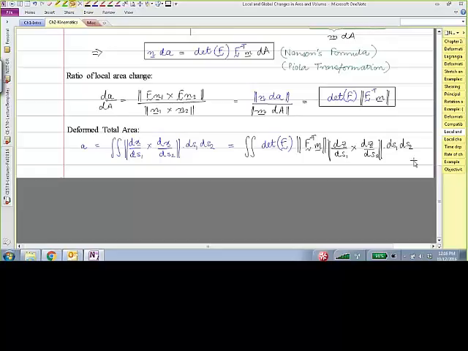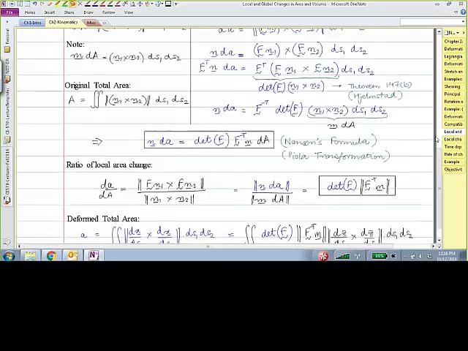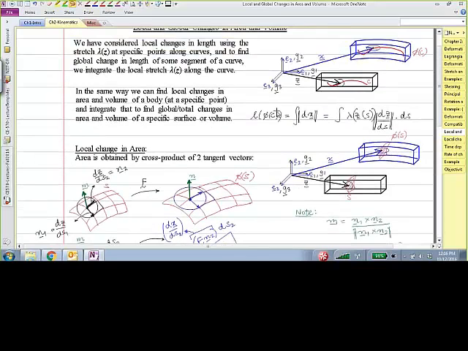So just like changes in length, if you want to find the deformed length, you could directly do that if you have the parameterization of the deformed curve, or you can express the same thing with a stretch times the dL corresponding to the undeformed curve.